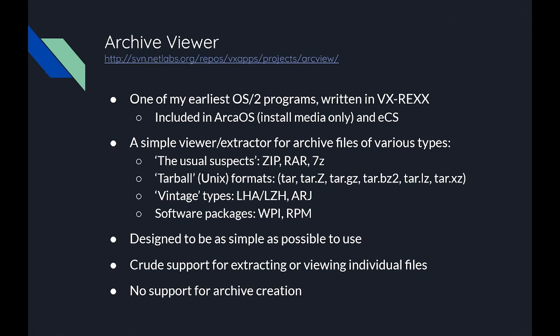It was designed to be included in eComStation 1.0 or 1.1. That was identified as a need because OS/2 at the time did not include any facility for opening and viewing zip files, except the command line unzip. And in fact, I don't think it even included a capable version of that.